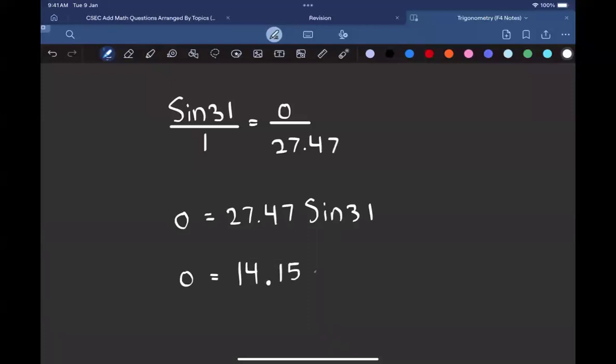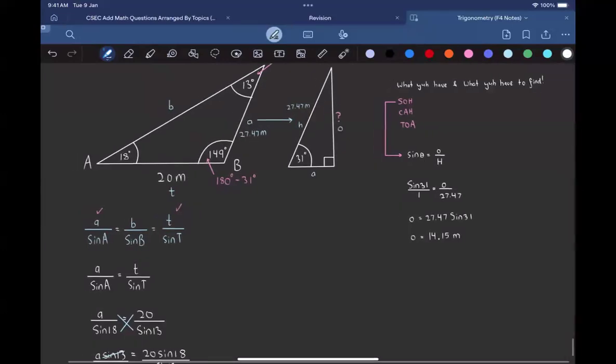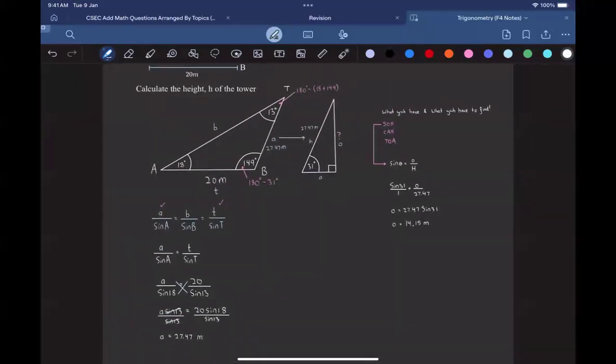Yes. That's it? Yeah. If you understand it.